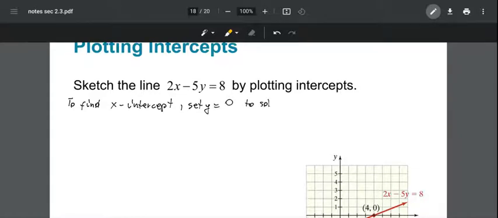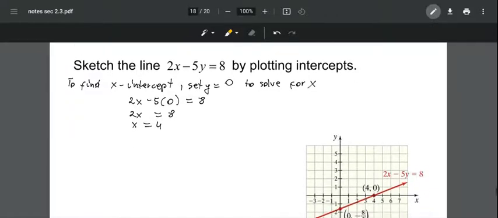We substitute y with 0. So we have 2x minus 5 times 0 equals 8. We're getting 2x equals 8. x will be equal to 4. So we have the x-intercept, x equals 4.